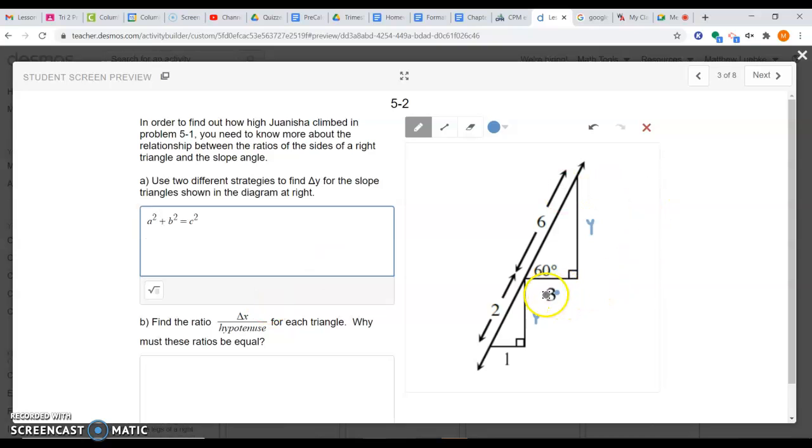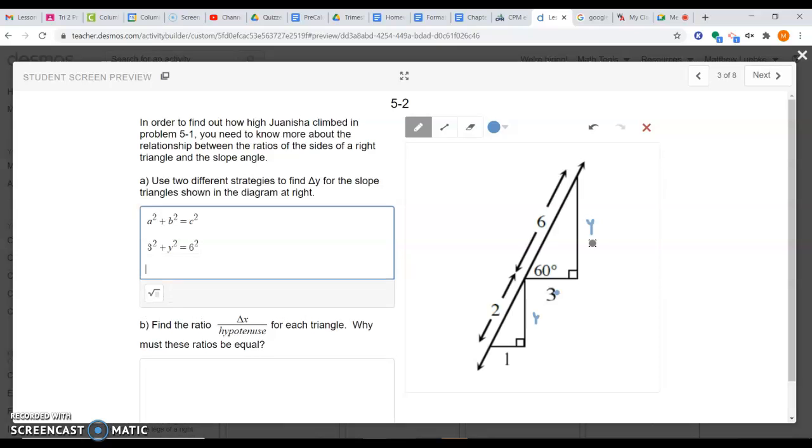So the first one, 3 could be my a, so I have 3 squared, because it's one of my legs, plus y squared, because that's one of my other legs, equals my hypotenuse squared, which is 6 squared. And keep going from there.